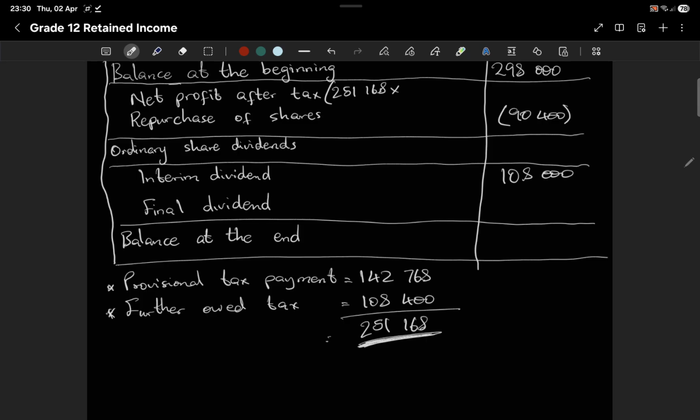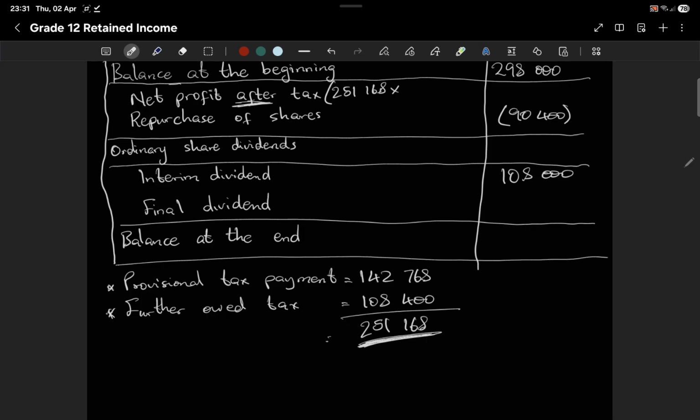We don't have net profit before tax, and we don't have net profit after, but we have income tax for the year and the percentage. It is possible to find both the missing figures, but in this case we are looking for after.